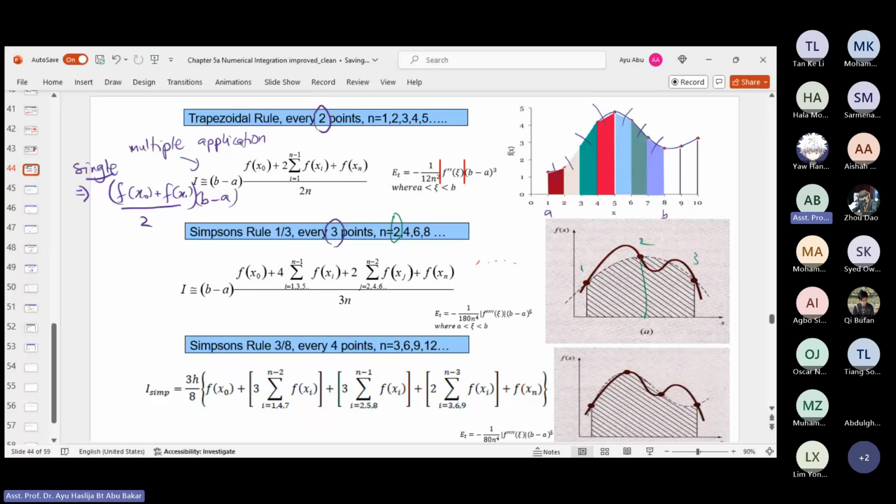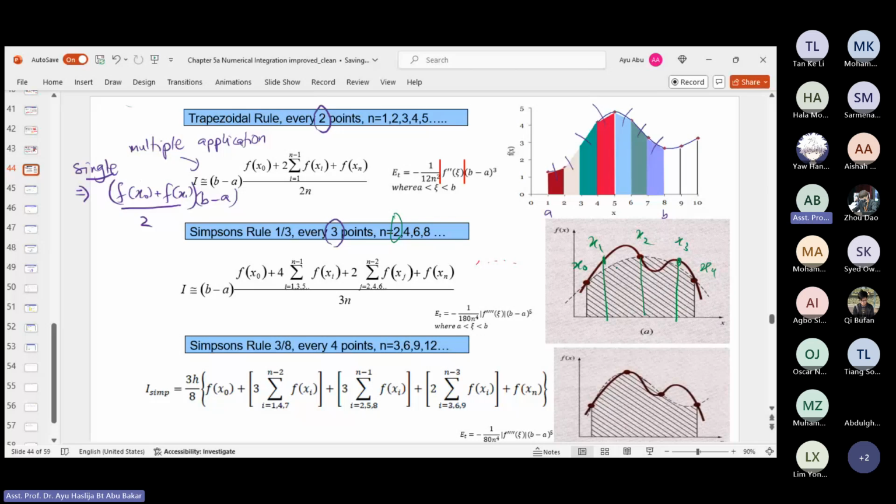Let's say you have n equals 4, so you have 5 points: x0, x1, x2, x3, x4. 4 segments, 5 points.